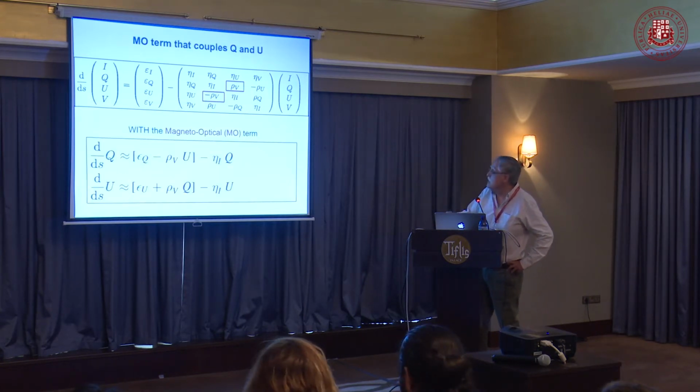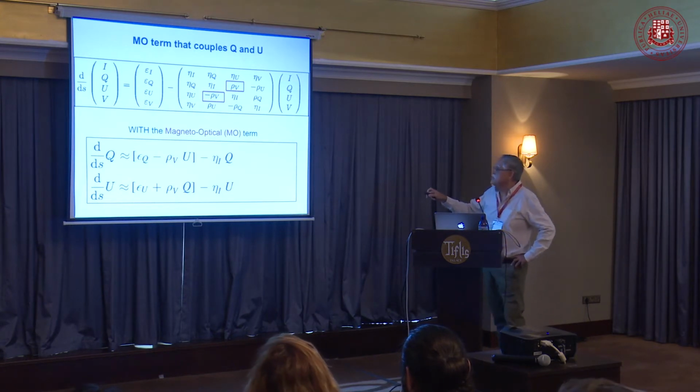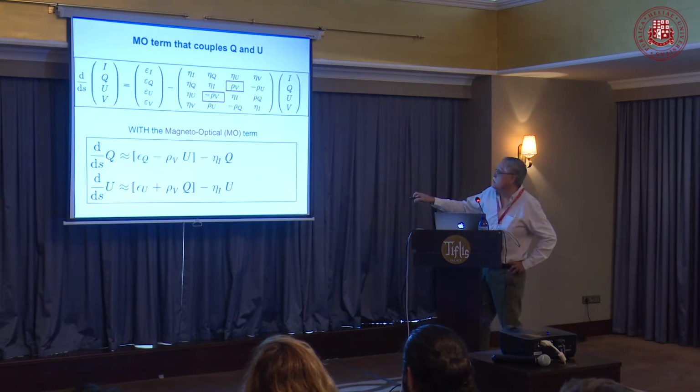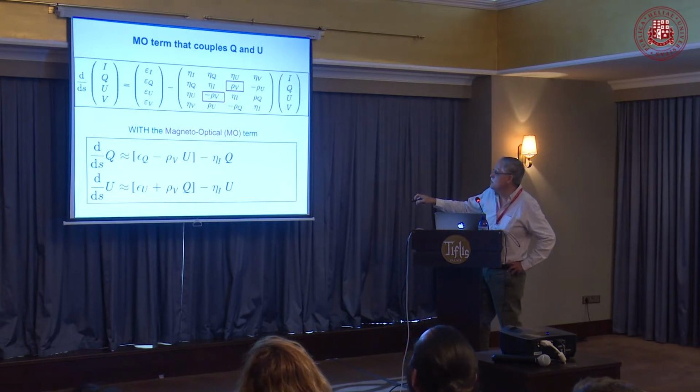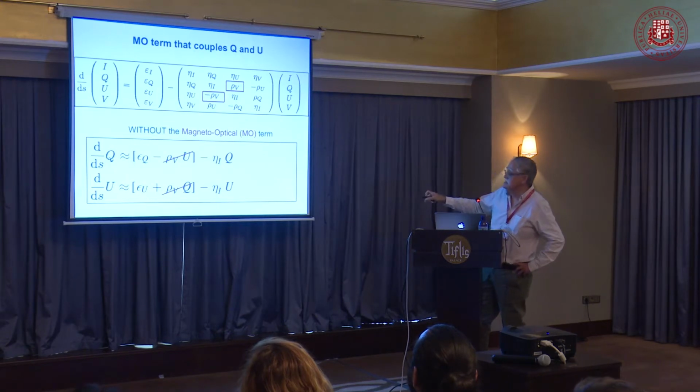And just to isolate the idea, if you develop the transfer equation for Stokes Q, you see that through this term there is a coupling with U, and the same happens with U. In the transfer equation for Stokes U, through this term there is a coupling with Q. Only when you neglect this, as had previously been done outside active regions, do you not get the coupling.